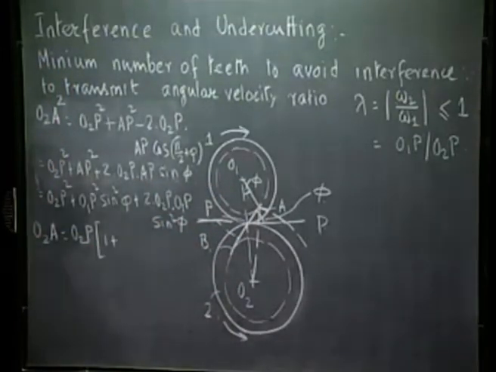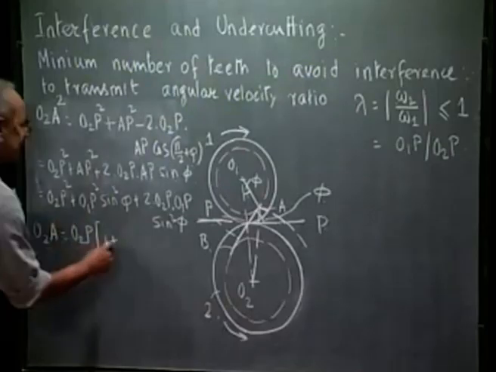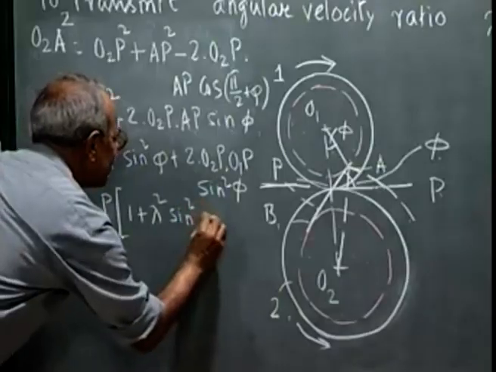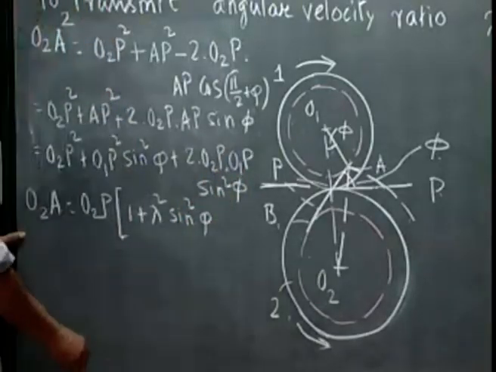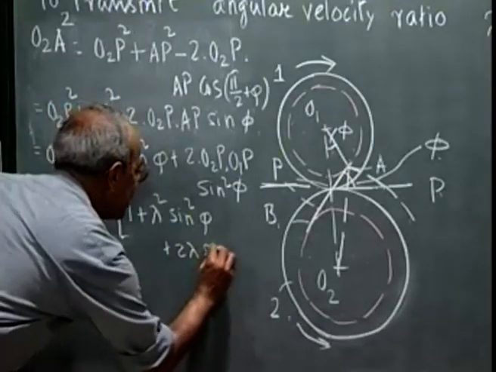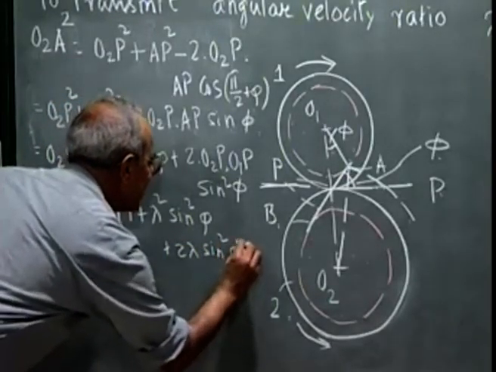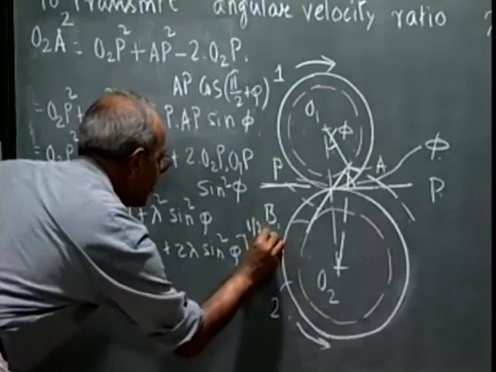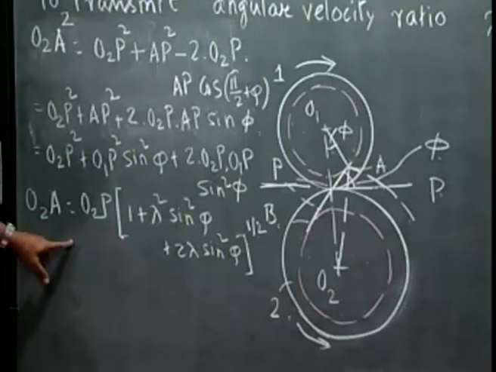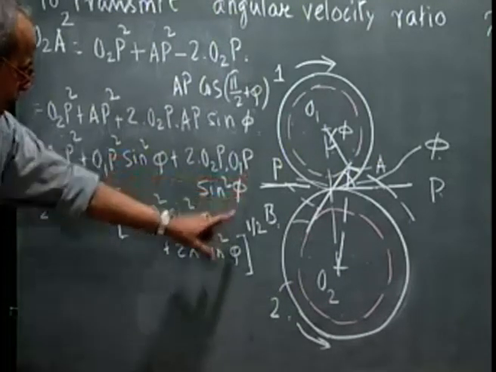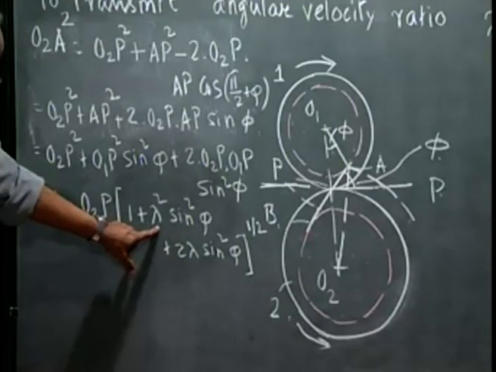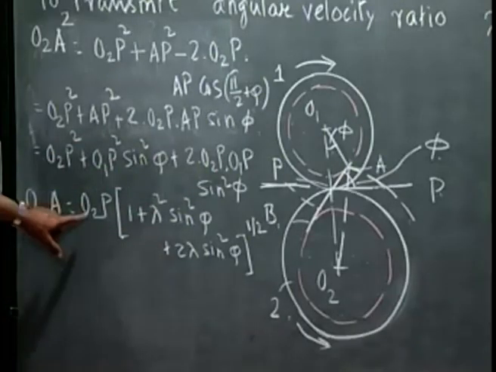So lambda is that. So if I take O2P squared, I get here lambda squared sin squared phi, and from here I get 2 lambda sin squared phi, to the power half. I have taken O2P common from this expression. So I get O1P by O2P, which gives me this lambda. Here I get O1P squared by O2P squared, which I get as lambda squared. And then I have taken the square root.